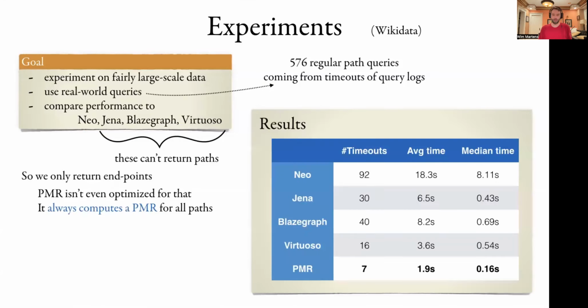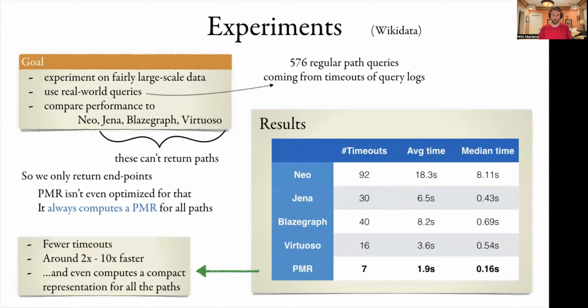But then if you look at the results, you see that the path multiset representation performs better. So you have a lot fewer timeouts. Average time is the fastest one, even up to around 10 times faster than the competition, and same for median runtime of these queries.